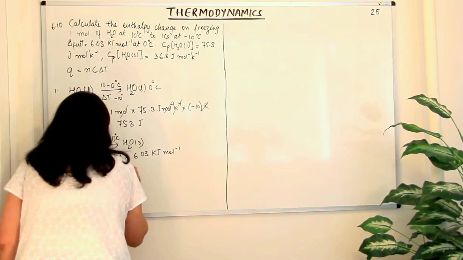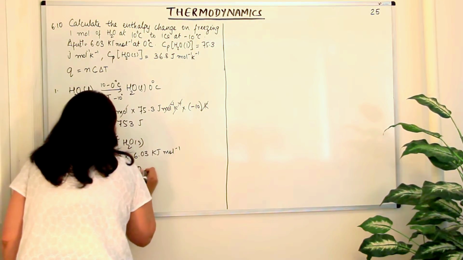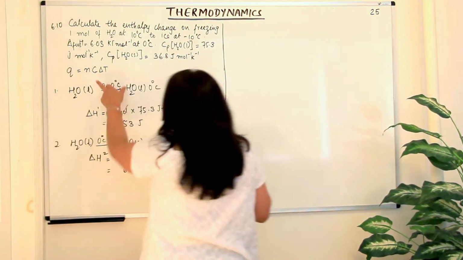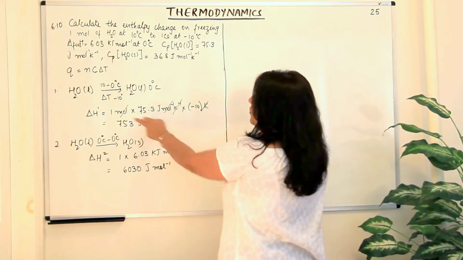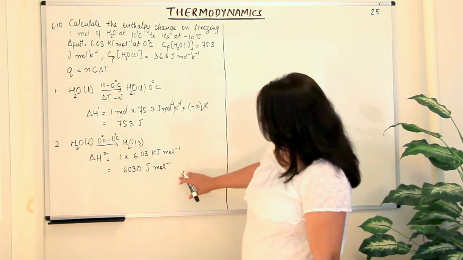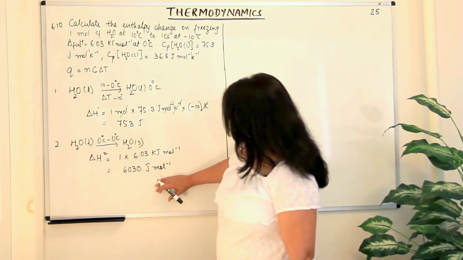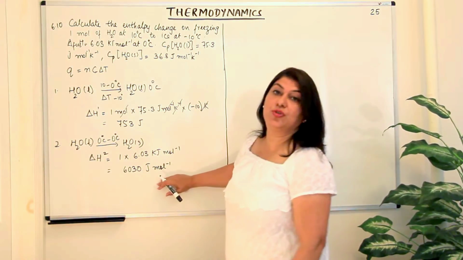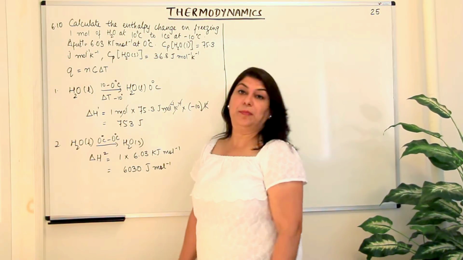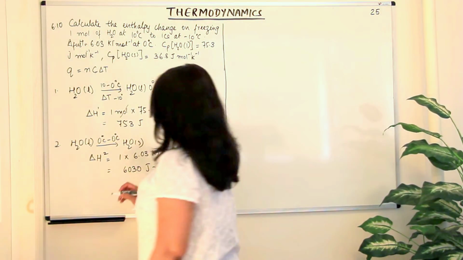So it would be 6030 joules per mole, right? And here also, since we had only 1 mole of substance, you could call joules per mole the unit, right? So 6030 joules per mole would be the latent heat, and this is your second enthalpy.